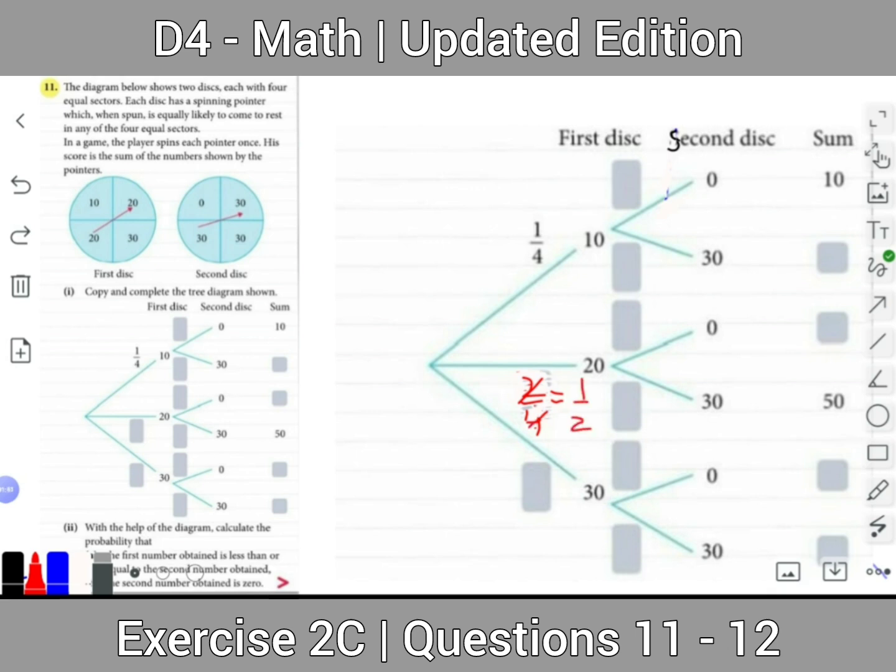Now the probability for the number 30 on the first disk: since 30 appears only once on the first disk when the pointer is spun, the probability for 30 will be 1 over 4.